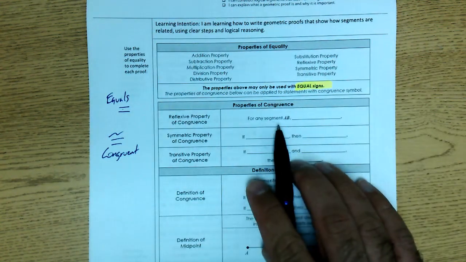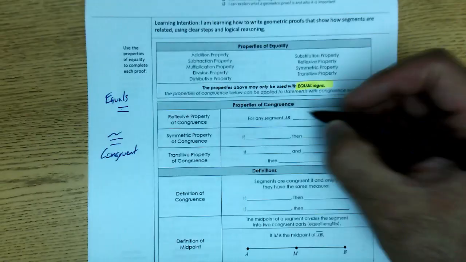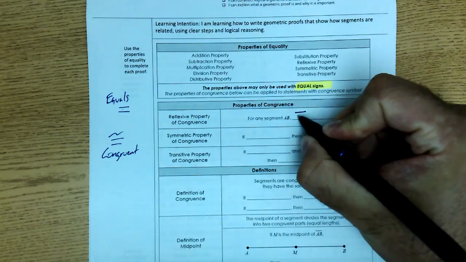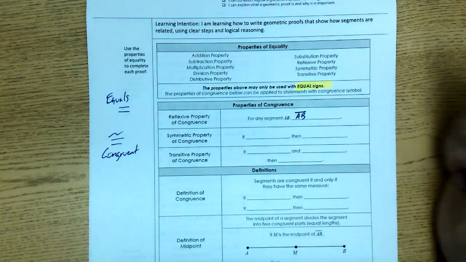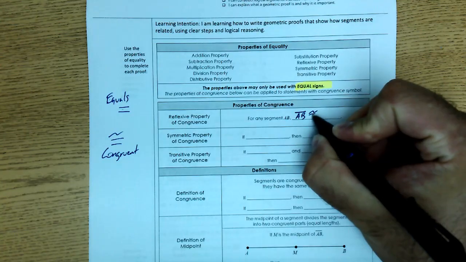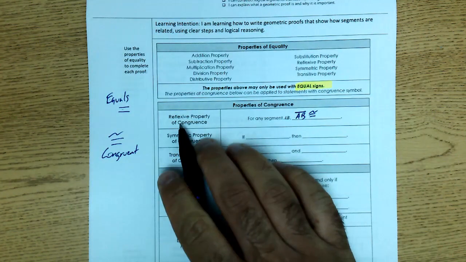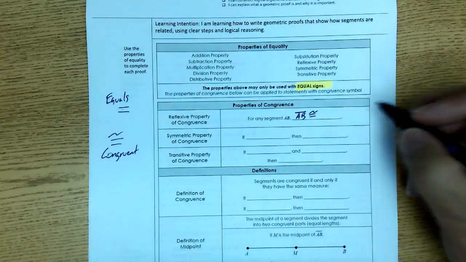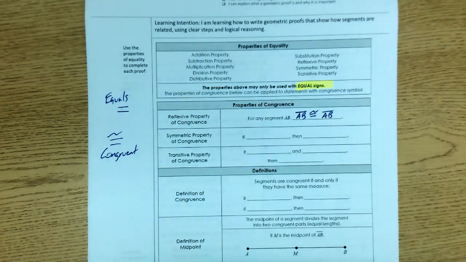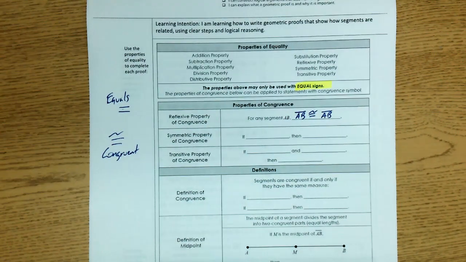So for any segment, looking back at chapter 1, when we're drawing a segment, it's just a line. So segment AB is congruent, well, for reflexive, we're just writing the same thing. So segment AB is congruent to segment AB.